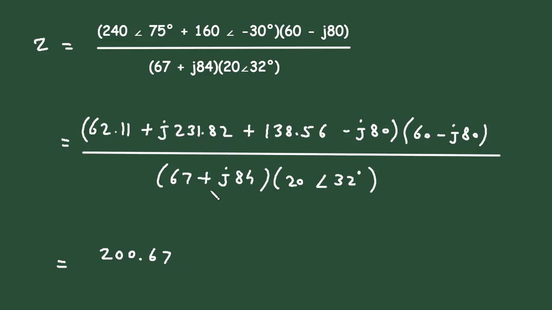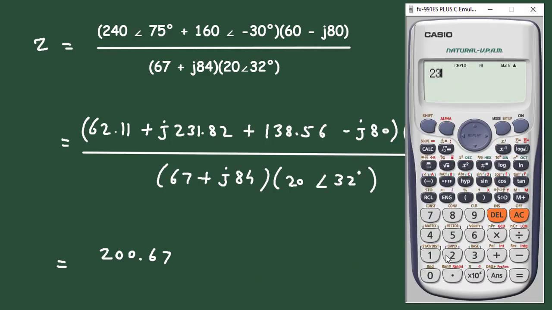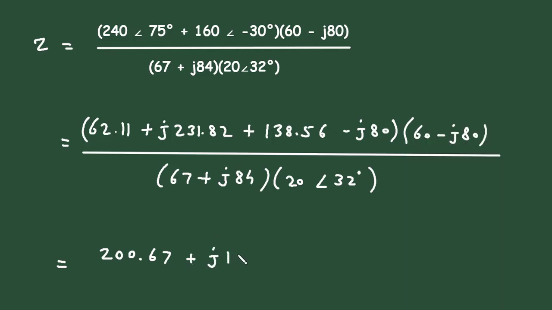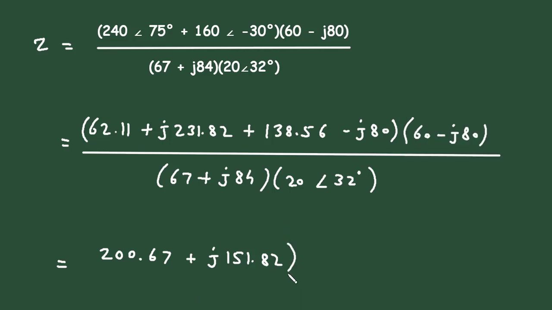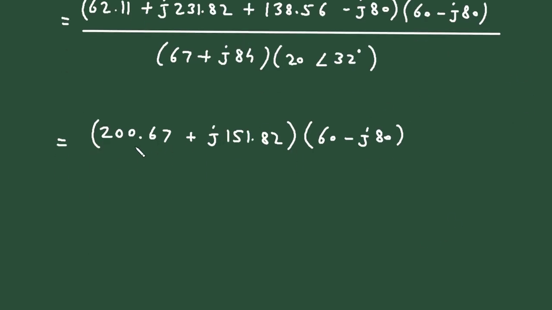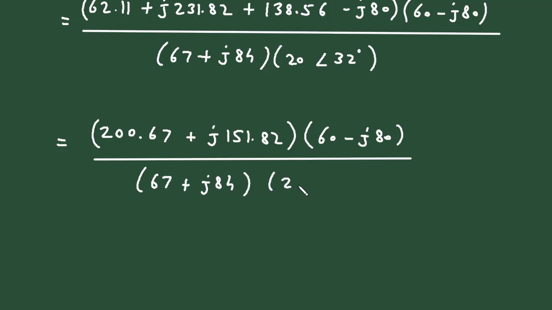So it is 231.82 minus 80. So this is 151.82. So plus j151.82. Now this is as it is, 60 minus j80, divided by this 67 plus j84 and 20 at an angle 32 degree.